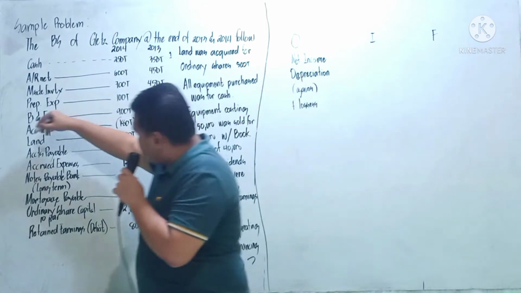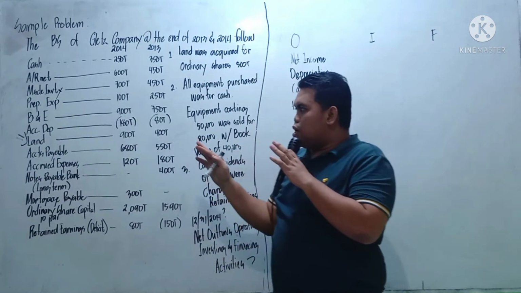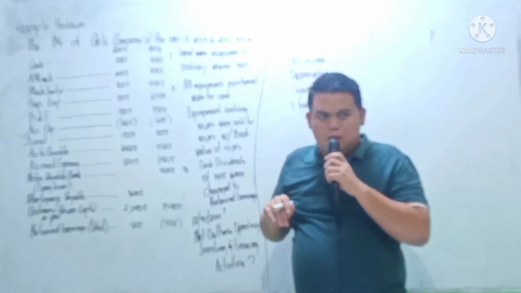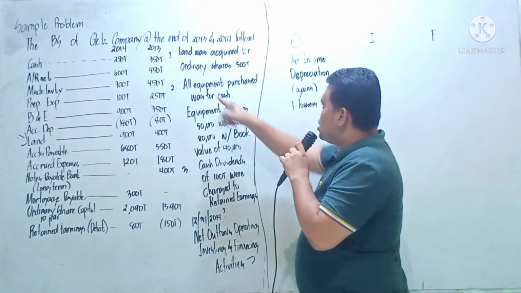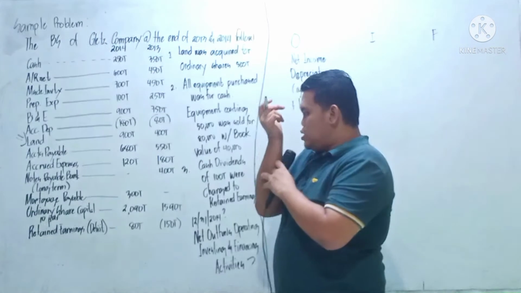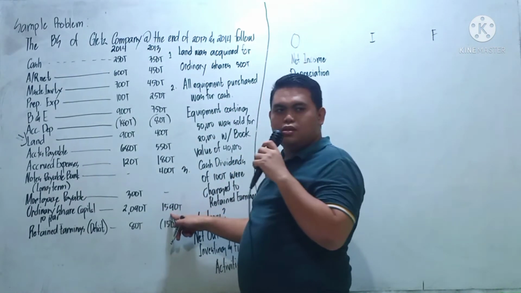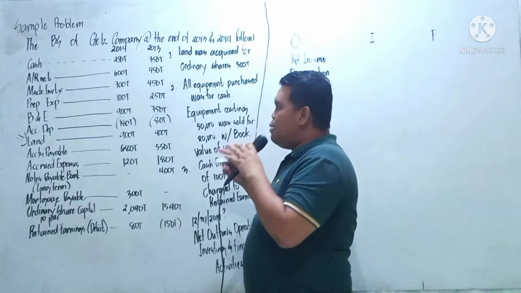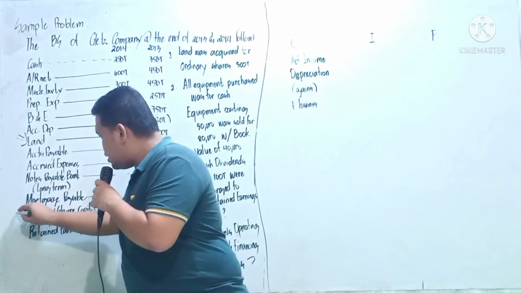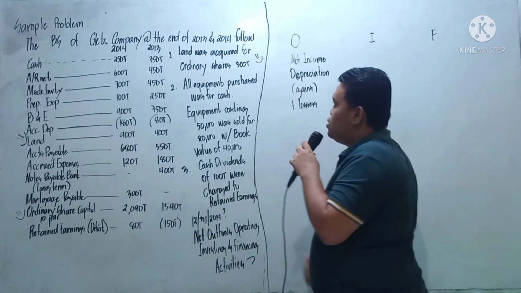Next is ordinary shares. As you can see, there is the same increase, from 1,590 to 2,090. Most likely, that is because of the land. So there is no need to analyze it later. It is already resolved.